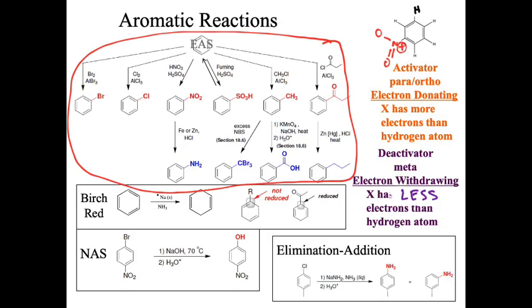By definition, it has fewer electrons than hydrogen because a hydrogen has 1. Nitrogen has an imbalance, and that's why it's positive. So if we can draw a structure that has a positive charge at some stage on the atom directly connected to the ring, that now classifies as an electron withdrawing group. Okay?